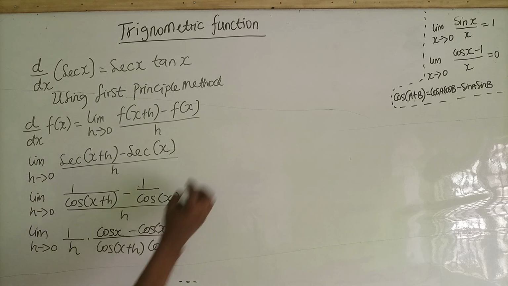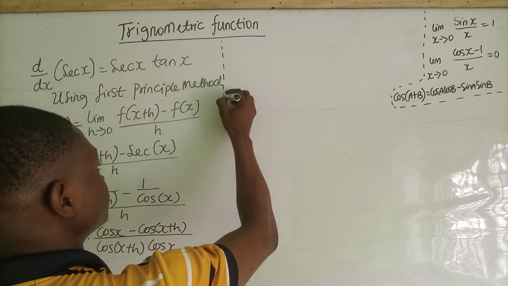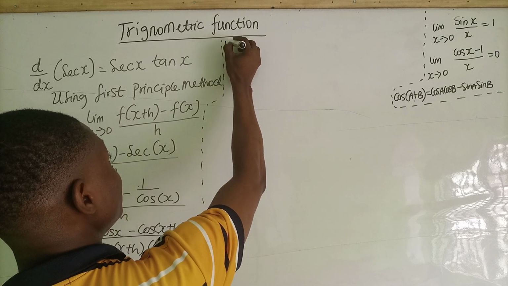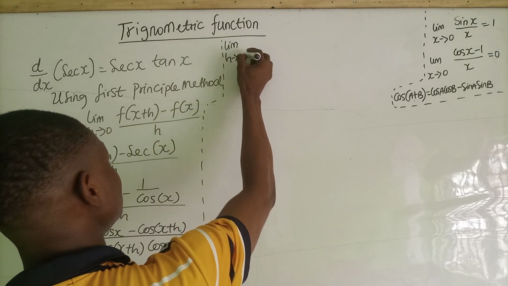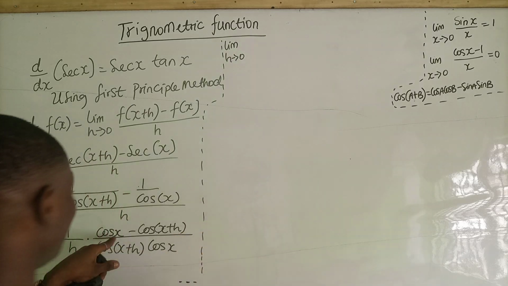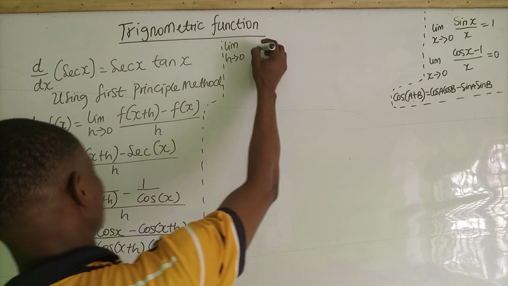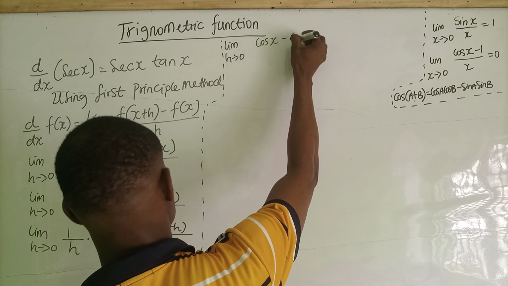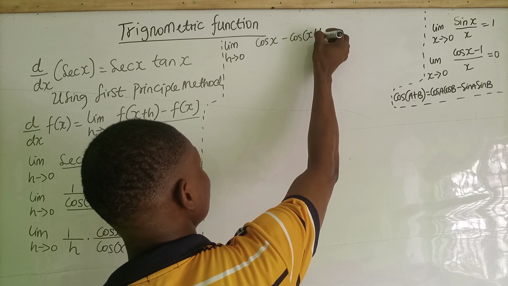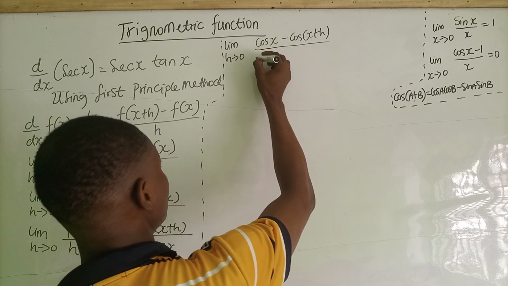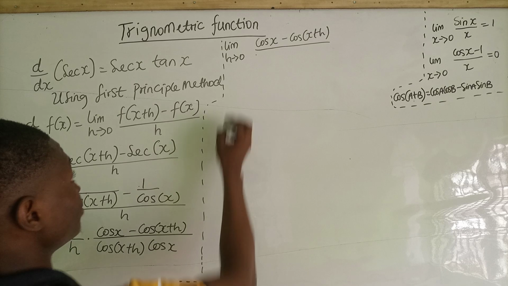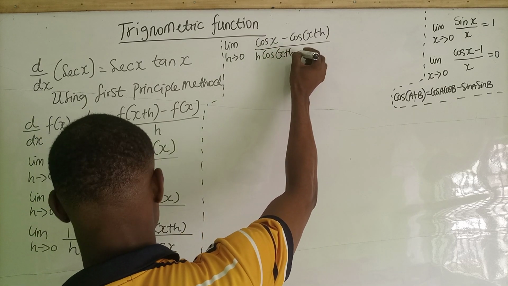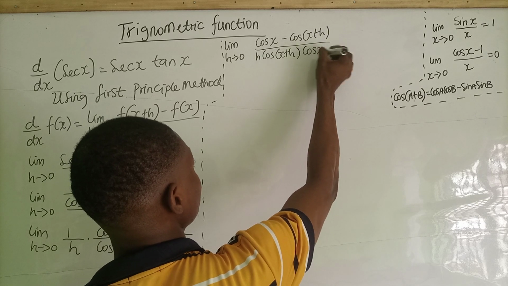So that, let's start with that. So that we are going to have the limit as h approaches 0 of 1 times cos x minus cos(x + h), all over h, multiplied by the denominator, which is h cos(x + h) cos x.